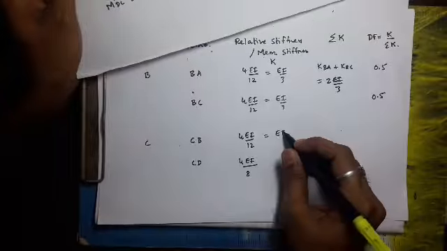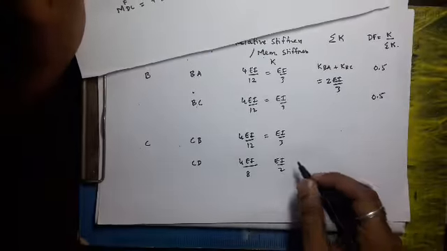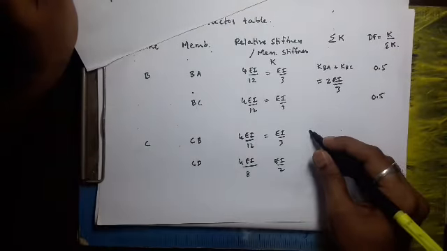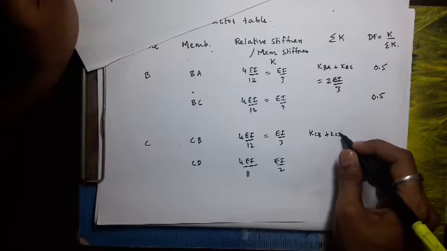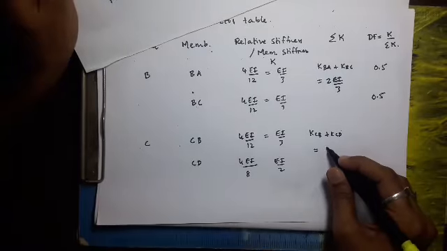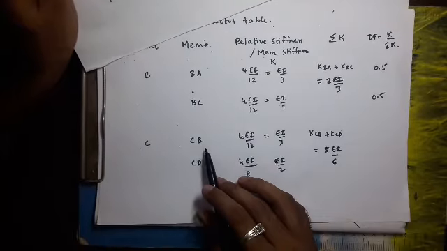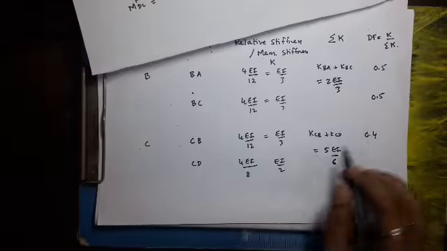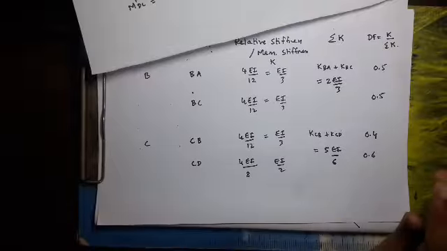This will be EI by 3 and this will be EI by 2. Joint stiffness factor for joint C will be KCB plus KCD equal to 5 EI by 6. Distribution factor for CB will be 0.4 and distribution factor for CD will be 0.6.